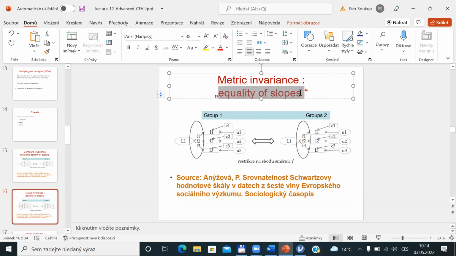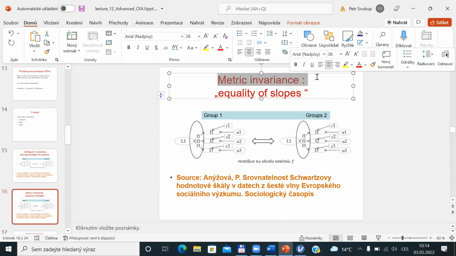And I have here once again my subtitle, which is called equality of slopes. So if I would like to say that my data are metric invariant, it would need that these factor loadings and these factor loadings are both the same. That's why I added ellipses into this picture.